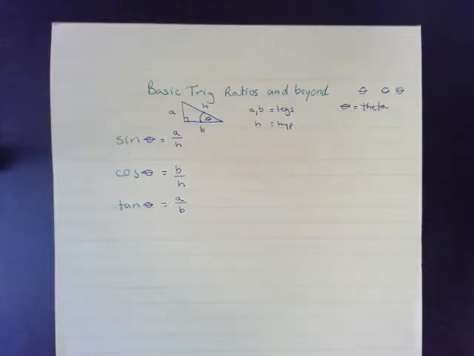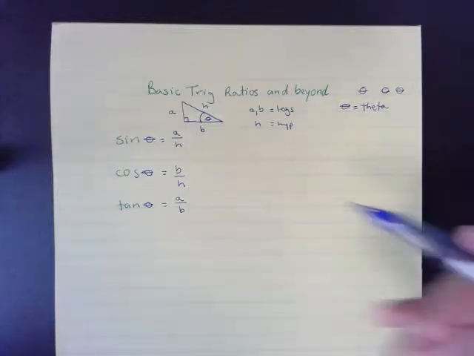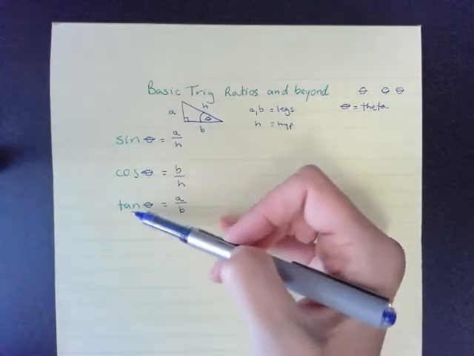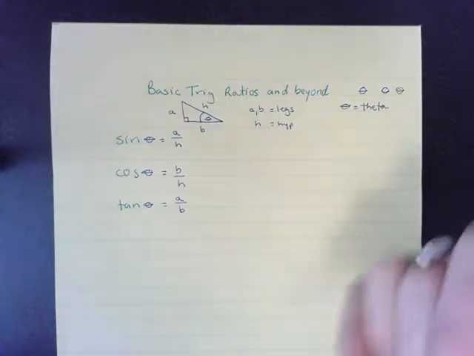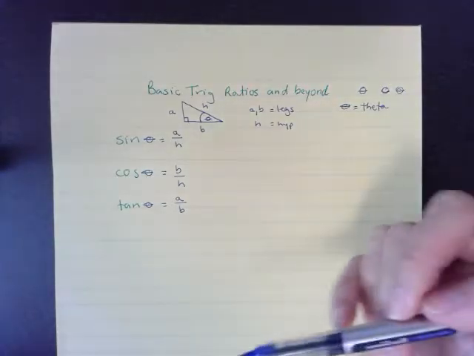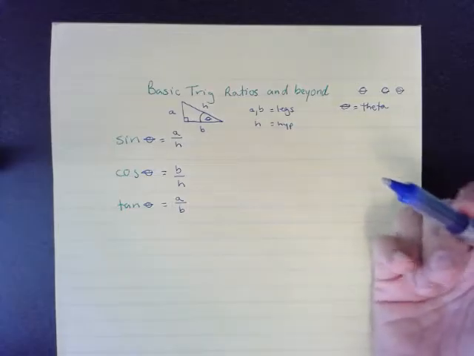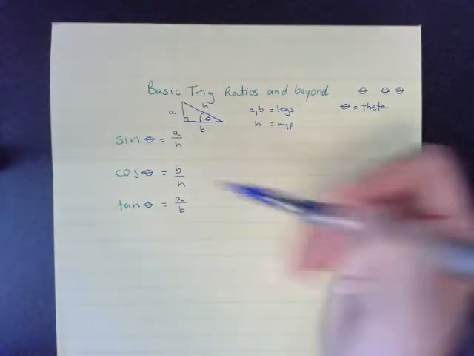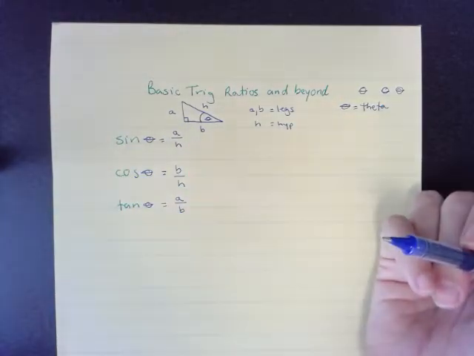And we're going to go one step further. There are ratios that come out of sine, cosine, and tangent, and they're named something different, but what they are is they're simply the reciprocal of each of the sine, cosine, and tangent.